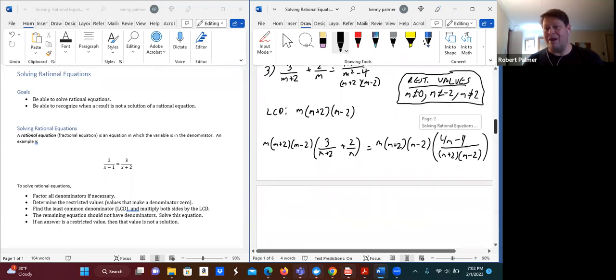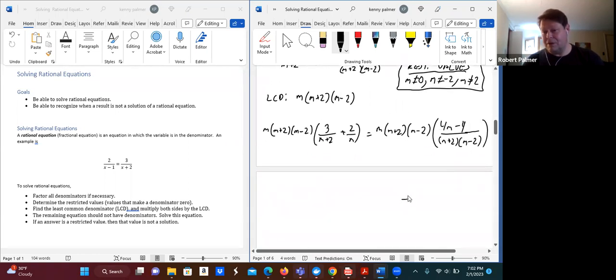Actually, let's take a look at the right-hand side first. What's going to cancel out here are the m plus 2s and the m minus 2s. So what we're left with is m times 4m minus 4. Okay, on the right. Over here, once again, I have to do a fair amount of writing. You distribute this to each one.